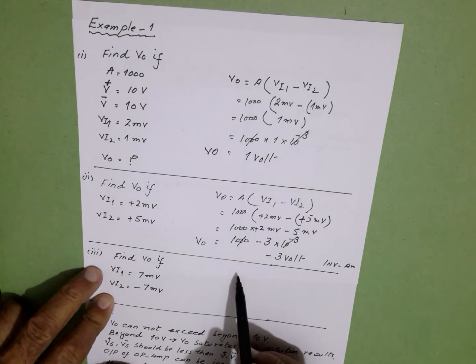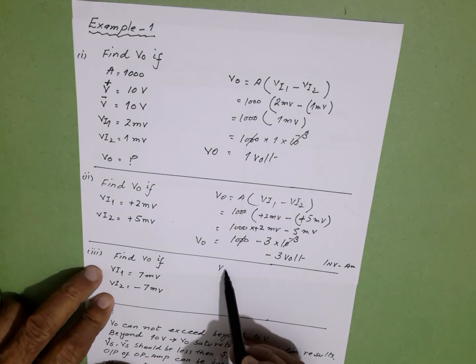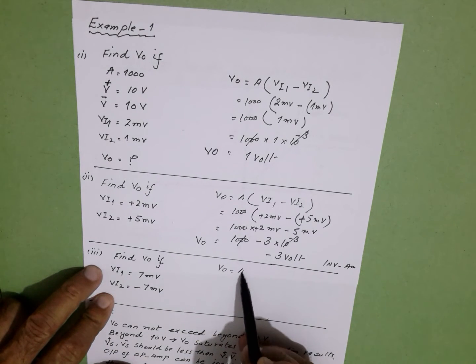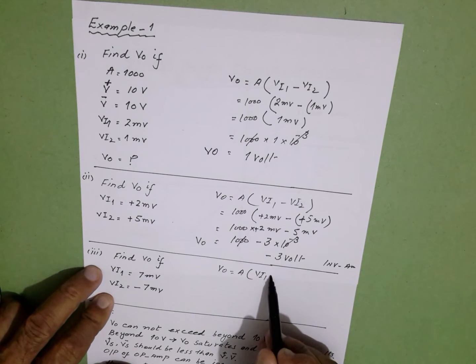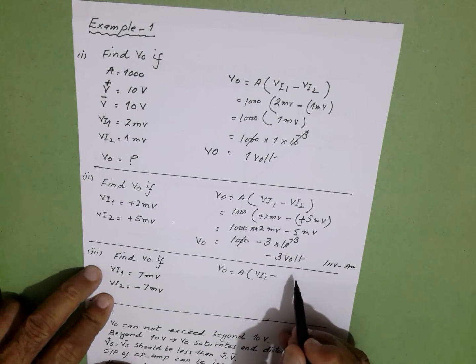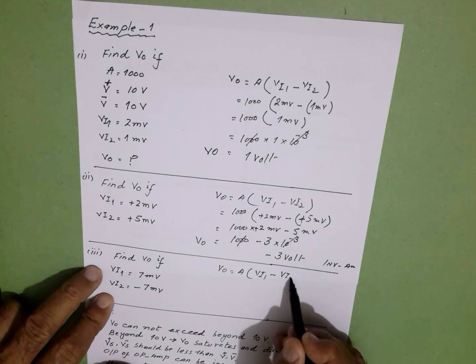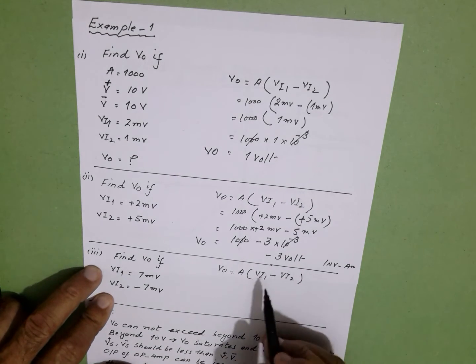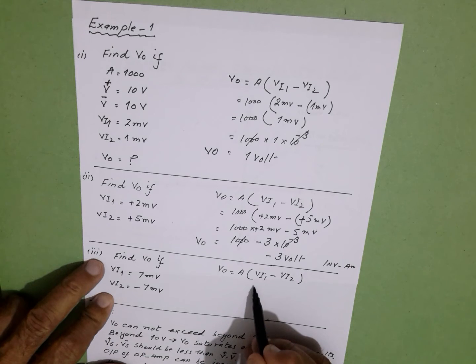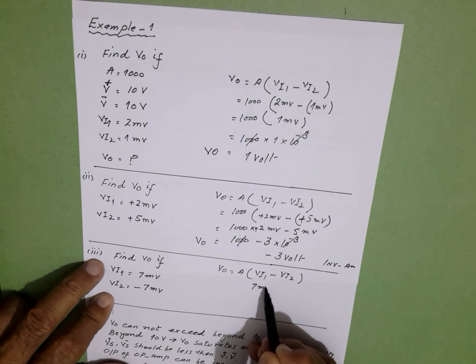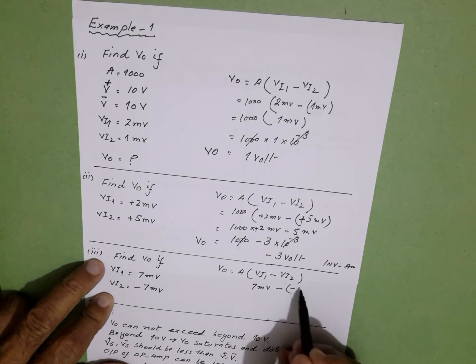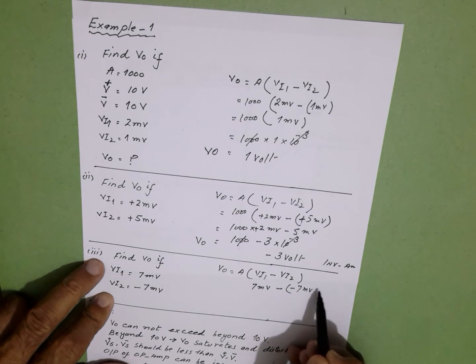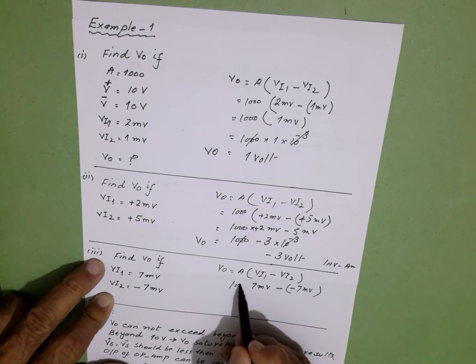But in the third example, V out equals A times (V input 1 minus V input 2), where V input 1 is 7 millivolt and V input 2 is minus 7 millivolt, into 1000.